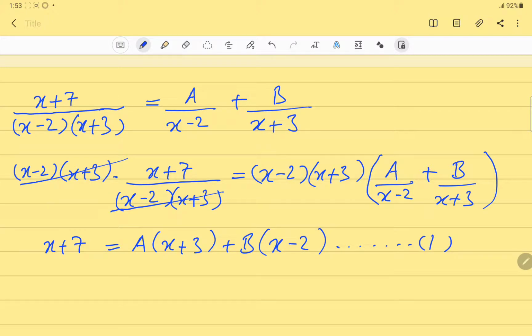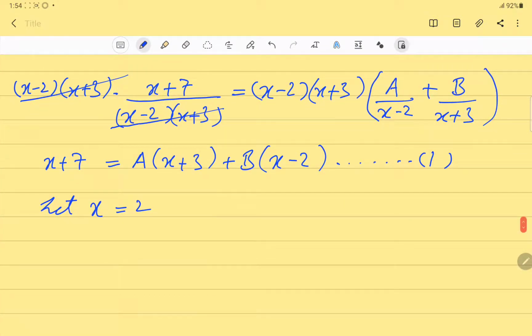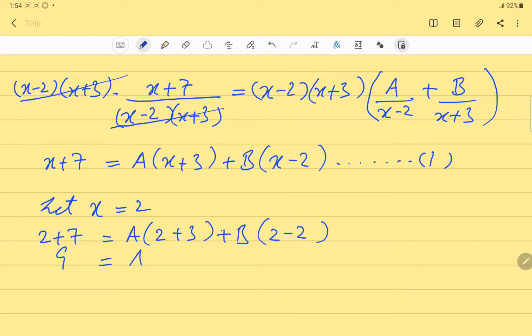Now we will assume different values of x in order to find the constants A and B. For the first time we will assume the value of x as 2. Let x is equal to 2 in equation number 1. So the equation becomes 2 plus 7 is equal to A into 2 plus 3 plus B into 2 minus 2. 2 plus 7 is 9, A into 5 plus B into 0.